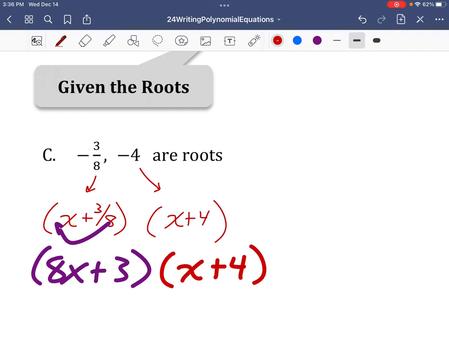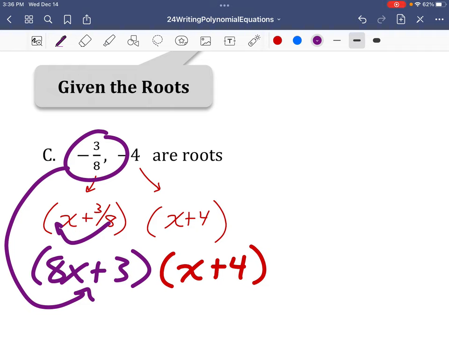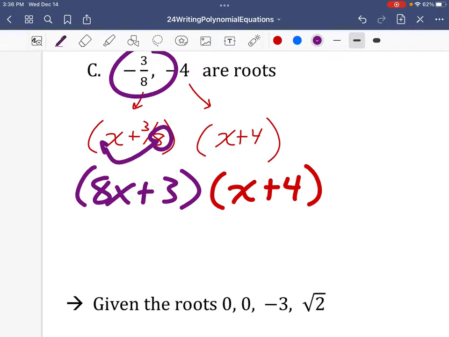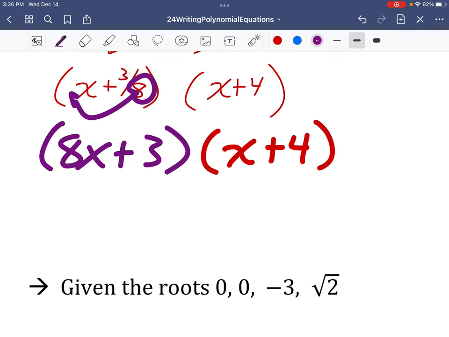So what do you think? Is negative 3/8 still going to be a root of this factor? Yes, but now the factor is written with integers. And again, all I really did was rearrange the 8 to go with the x, and then the 3 is by itself, thereby creating 8x plus 3. And again, I still have my x plus 4.